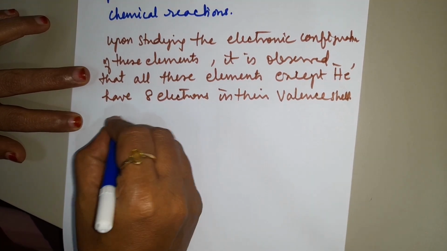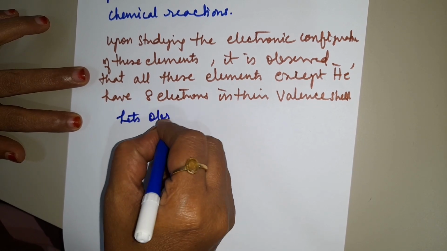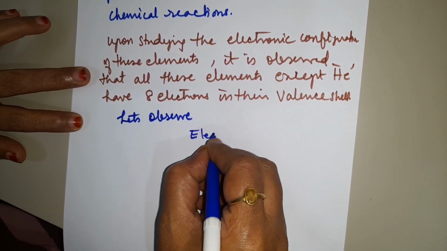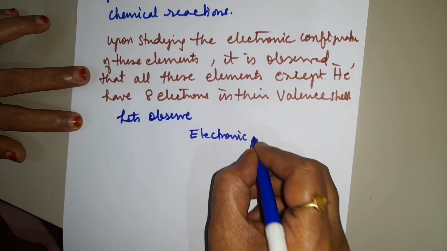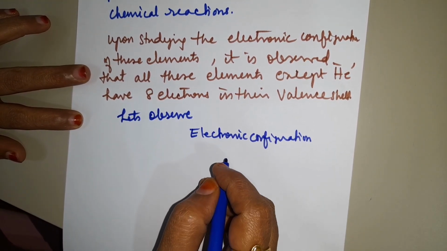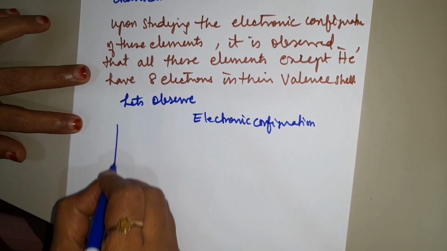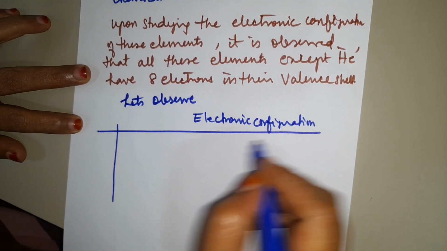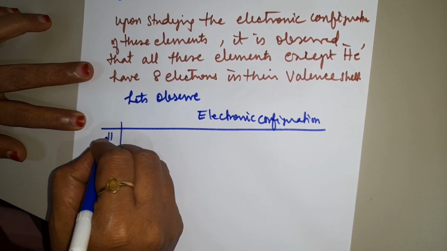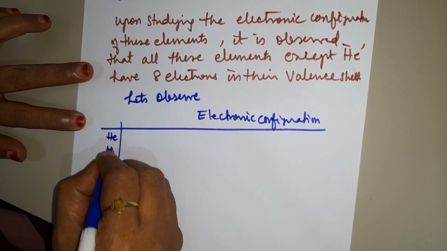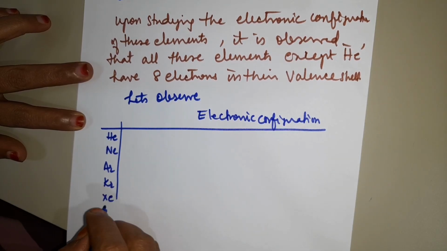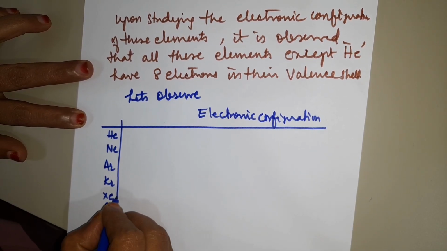Let's observe the electronic configuration of the elements helium, neon, argon, krypton, xenon and radon.